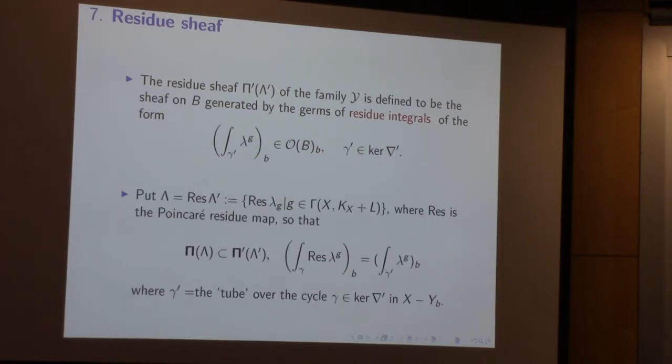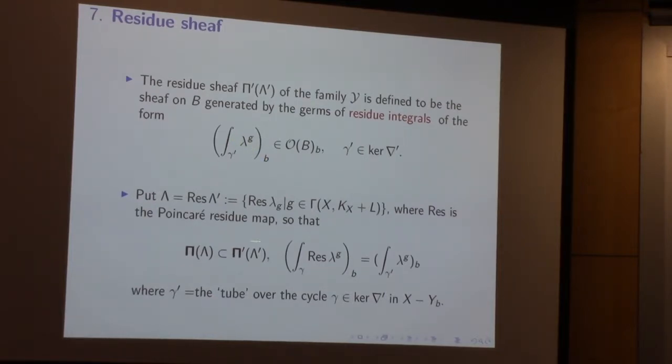Okay, so the period sheaf and the residues are related in a very simple way. Namely, if you take this meromorphic form, if you take the Poincare residue, what you get is a holomorphic form of the hypersurface YB.